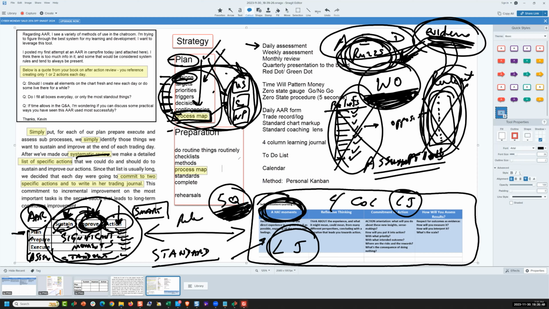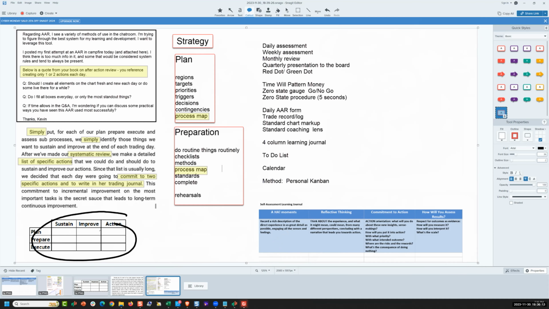And then over the course of the next 2 weeks, if that happens like 6 times, maybe that's happening enough that I need to have a rule and I need to go through a process of upgrading my rule set. So maybe my action is upgrade my rule set. So what I'm looking for on my daily AAR is simply a list of actions I can take to improve. The sustain is really going to be, hey, keep following your rules, dummy.